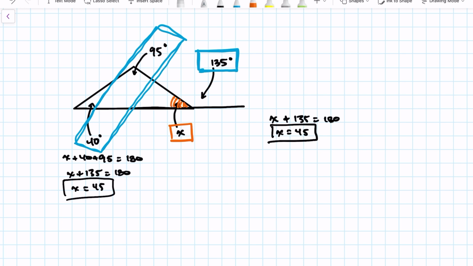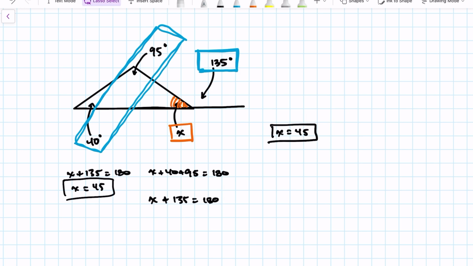So how do we tell this? Well, we could start by taking a look at the two equations that we designed, right? And I'm just going to pull this closer, and I'm going to put them next to each other right here. So that's the angles from the triangle, and this is the angles from the supplementary angle. Now, if you take a look at this, we already see some similarities, right?